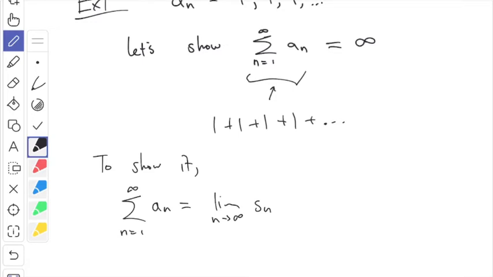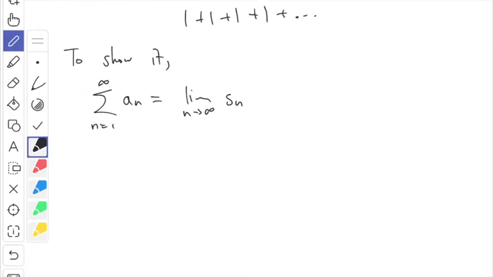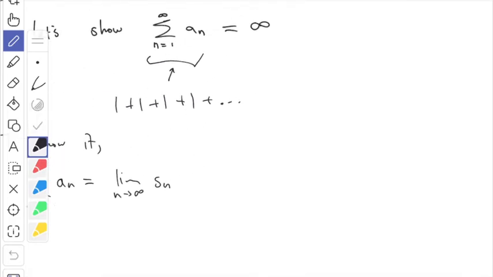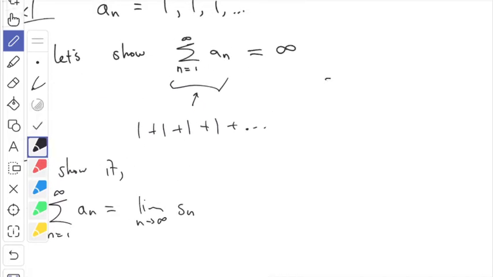And can we say what Sn is? Actually, it's very easy to find a formula for Sn. Maybe I'll do this off on the side. Remember, S1 is A1. S2 is A1 plus A2. S3 is A1 plus A2 plus A3, etc. But in my example here, every term of the sequence an is always 1. So S1 is 1. A1 plus A2 is 1 plus 1, which is 2.